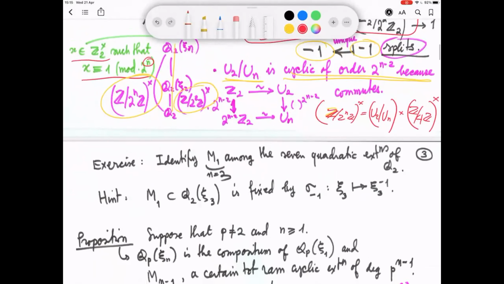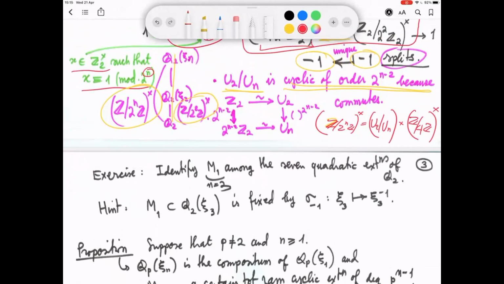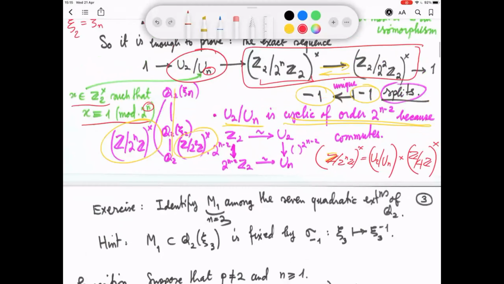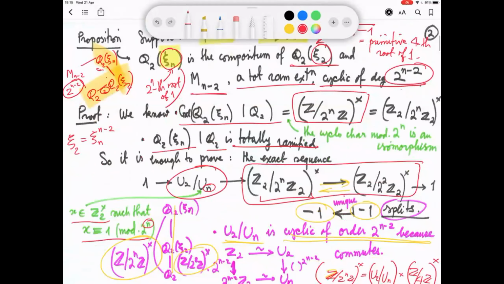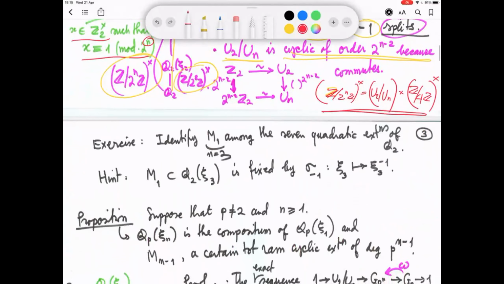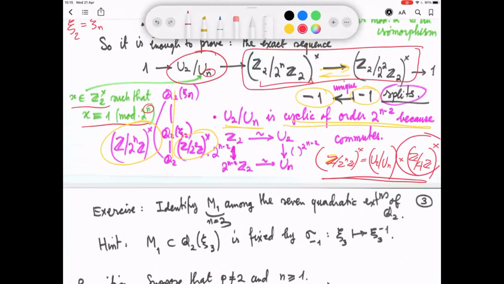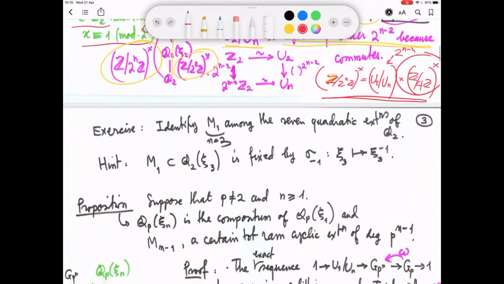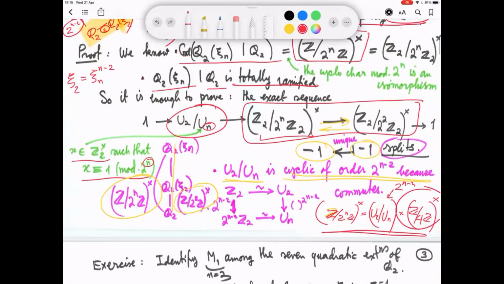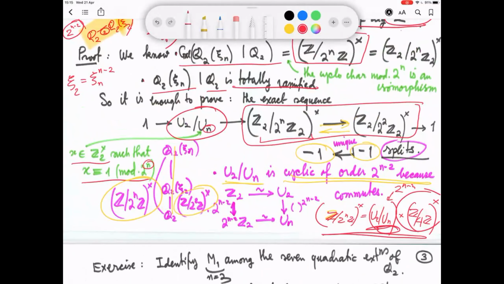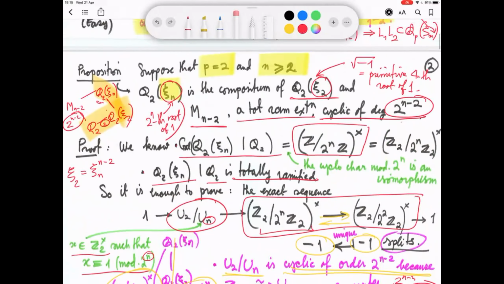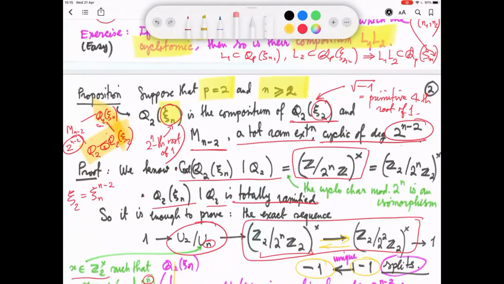Okay, and so once you have this kind of a splitting, the Galois group is written as a product, then of course you take the invariants under this factor here, and that's going to be an extension of degree 2 to the n minus 2, which is cyclic because this group is cyclic, right? And which is totally ramified because it's contained in this totally ramified extension. Okay.